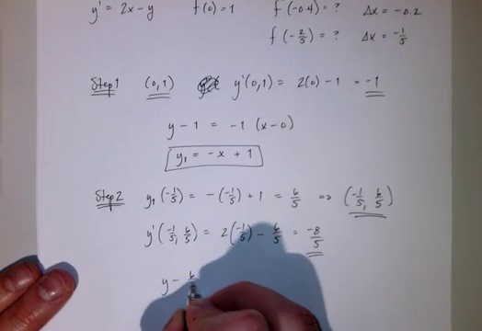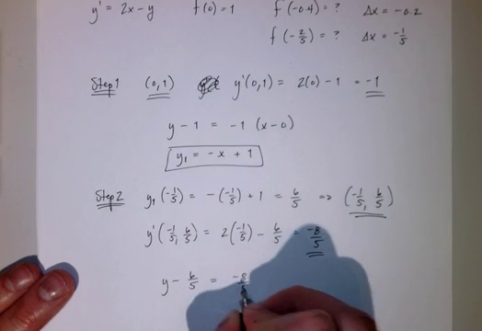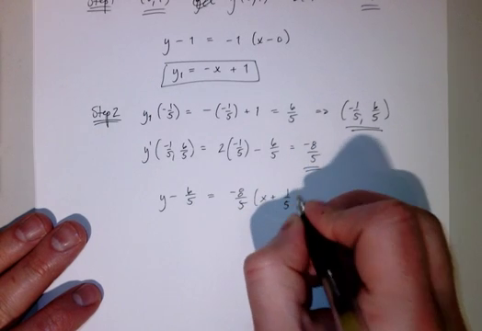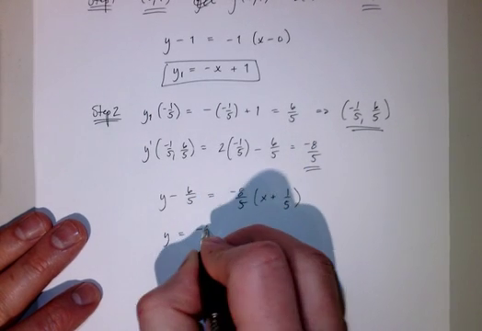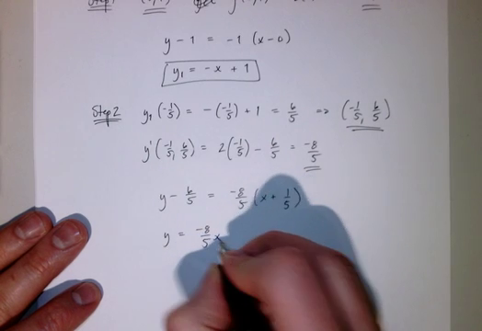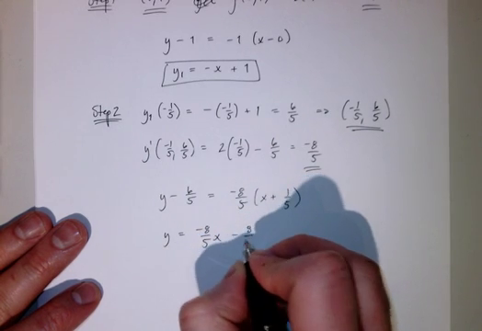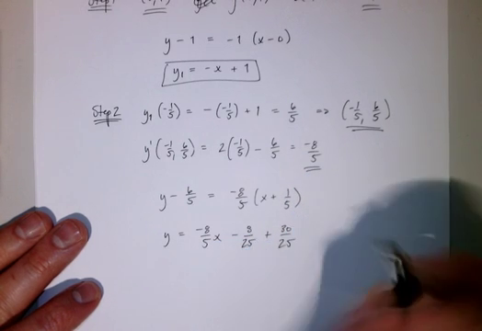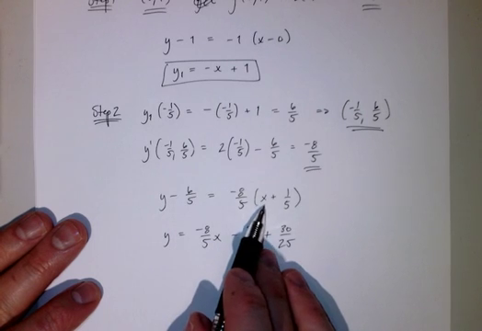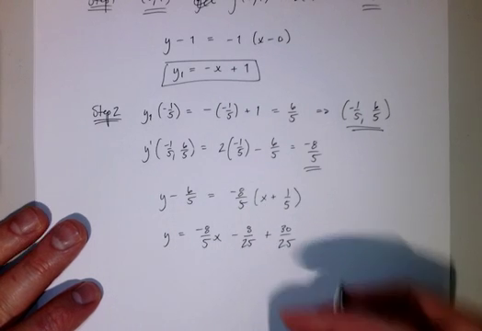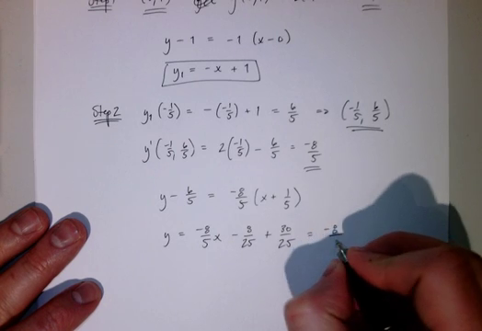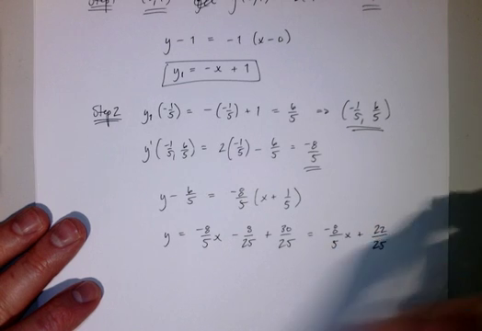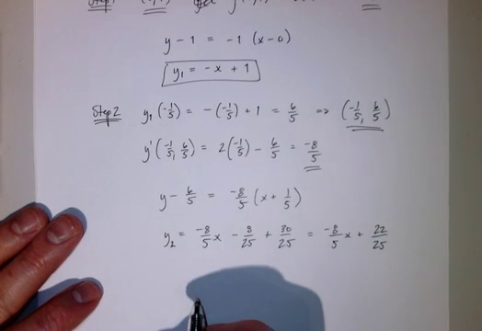Y minus 6/5 is equal to -8/5, okay, x plus 1/5, or y is equal to -8/5 x minus 8/25 plus 30/25, right, which is the 6/5 added to the other side. This is obviously going to be positive 22/25, sorry, 22/25, and that, of course, is y2.